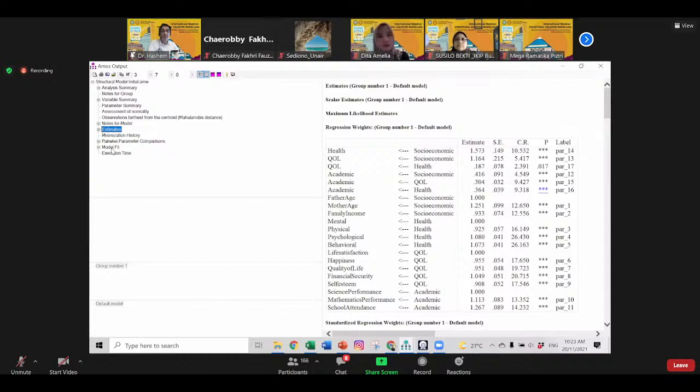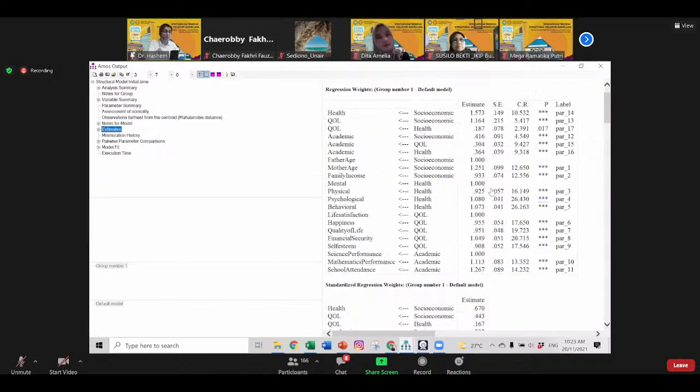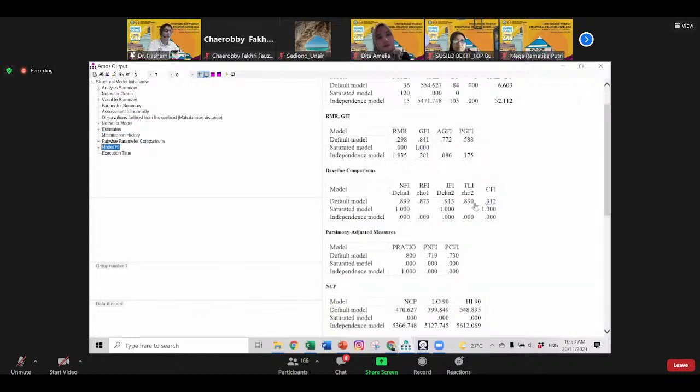Moreover, we also have model fit here. Do you remember for fitting the model? You can see CFI 0.92, TLI 0.89, and then IFI 0.913, and then RFI. Normally your model should be fitted.